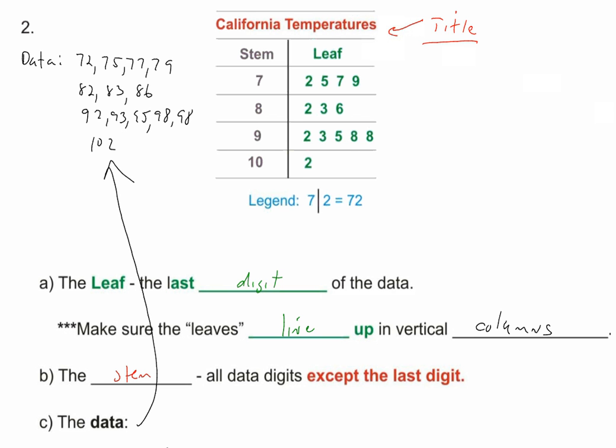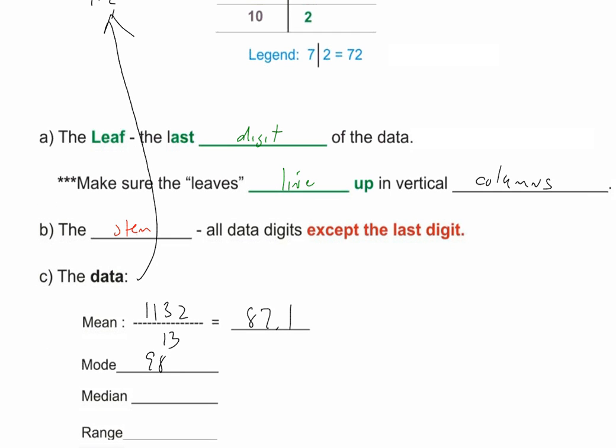There's 13. Allison? The 7th, right? So 1, 2, 3, 4, 5, 6, 7. And you could count the other way, right? 1, 2, 3, 4, 5, 6, 7. No matter which way you go, the middle piece of data is 86, as Luke said, right? So the median is 86.